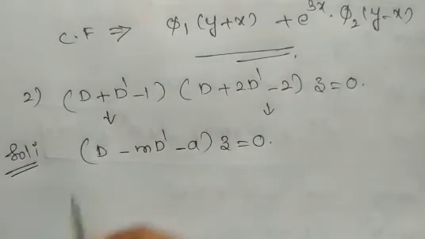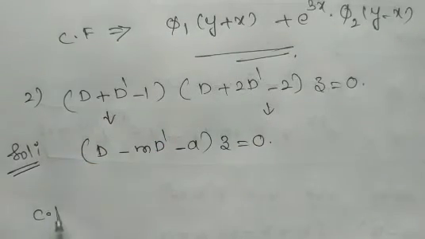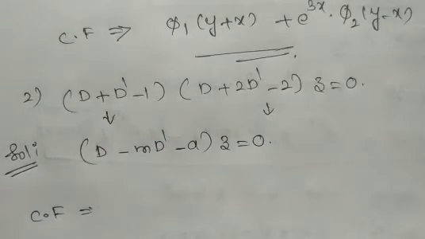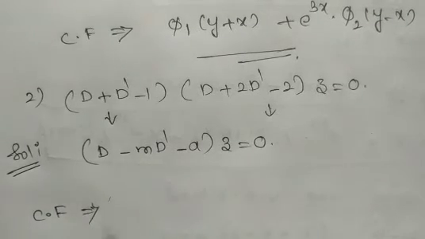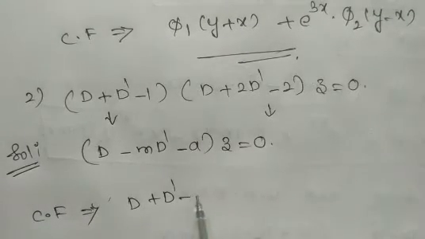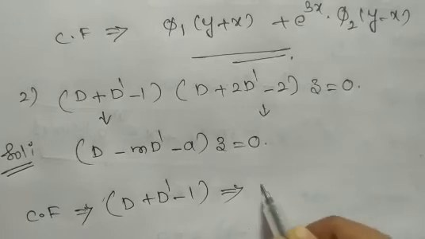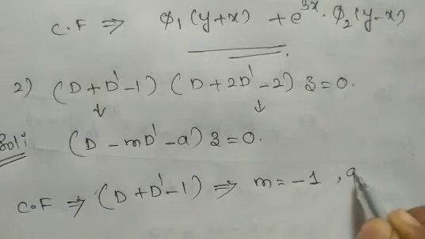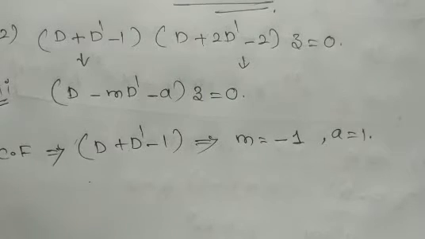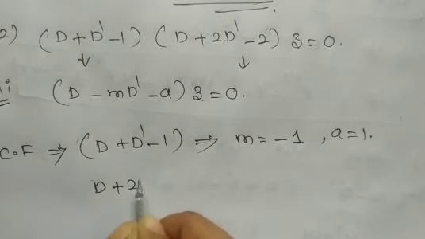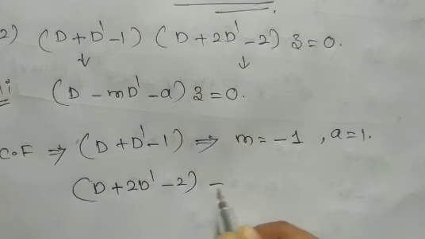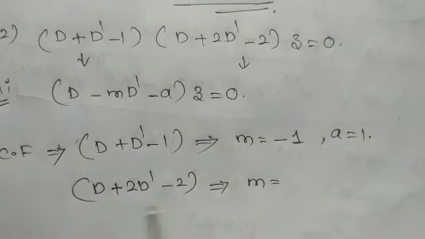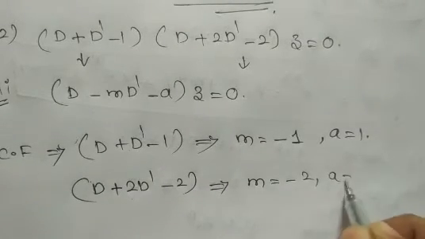Here I write the complementary function of the first bracket, D + D' - 1. What is the m value? Here m = -1 and a = 1. Next bracket, D + 2D' - 2: m = -2 and a = 2.